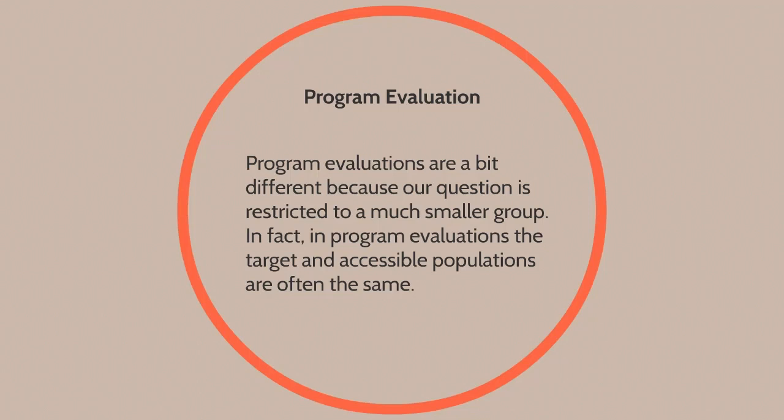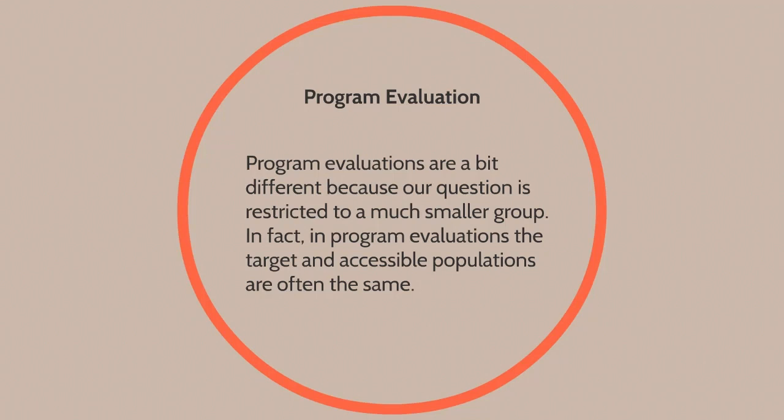So that's different because our question is restricted to a much smaller group. So in program evaluations, who we want to answer the question for are the people in the program. And guess what? Those people are also accessible.